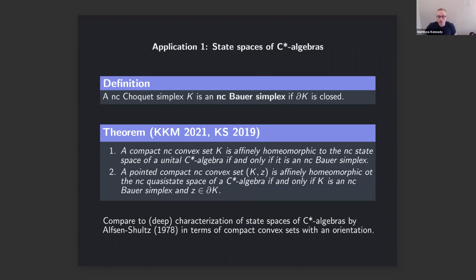It turns out that in order to give such a characterization, you need to specify, in addition to your compact convex set, something that they call an orientation. This is a way of recovering your multiplication. In the non-commutative setting, our result shows that the orientation is recoverable purely from the structure of the NC convex set, which I think is quite interesting.